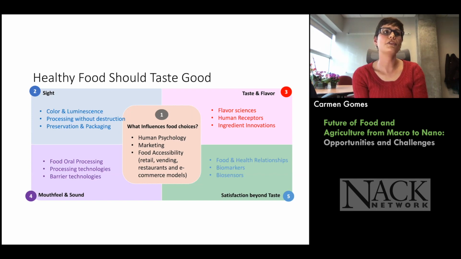In terms of mouthfeel, food oral processing and thinking about texture is, again, a very important component. There are processing technologies that change the texture to make it interesting, and other technologies that allow you to play with the texture. Just think about the vegetable chips you have probably seen. The way they do it is with some osmotic processing.